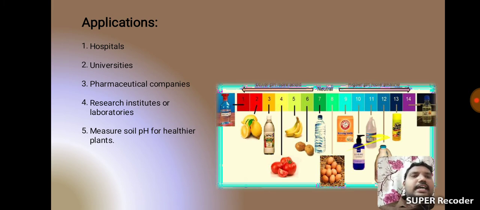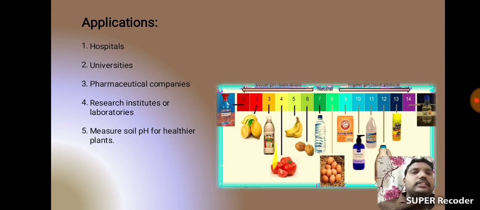This is the chart representing applications of pH. Here, one of the strong acid solutions is battery acid, H2SO4, with a pH of 1. Next, lemon has a pH value of 2.